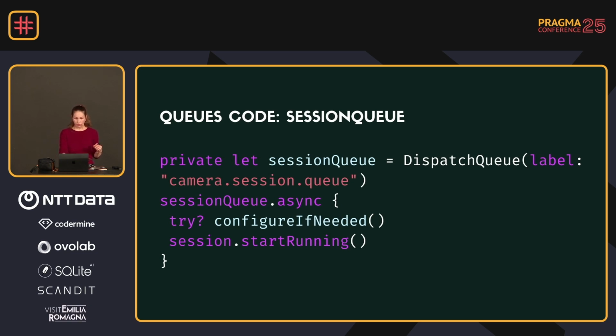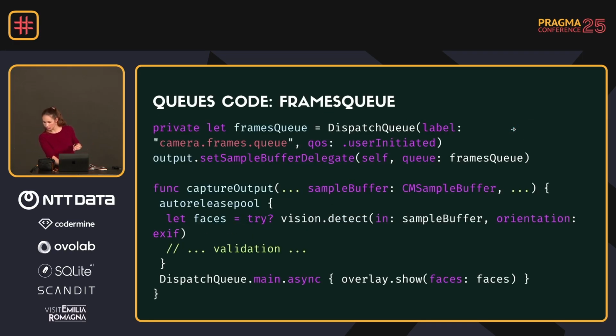Also, to keep the camera smooth, we need to always set alwaysDiscardsLateVideoFrames to true. And then the UI code is going to look like that. This is basically how to update the labels, draw the overlays, and refresh the FPS counter.